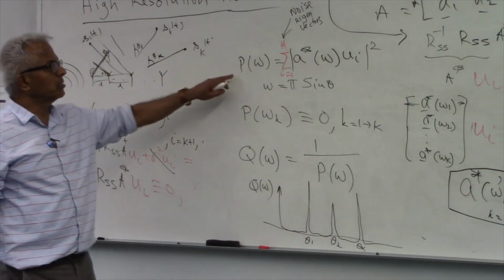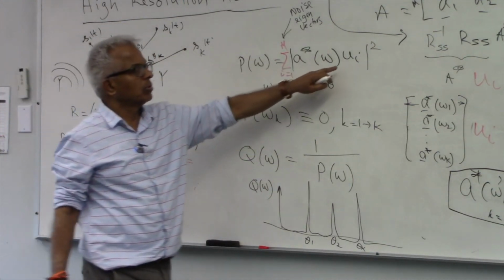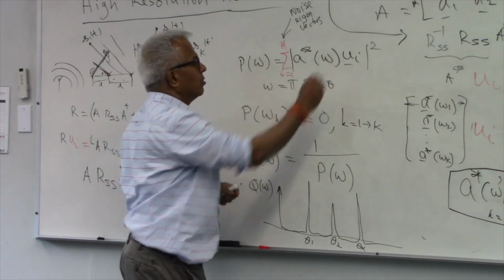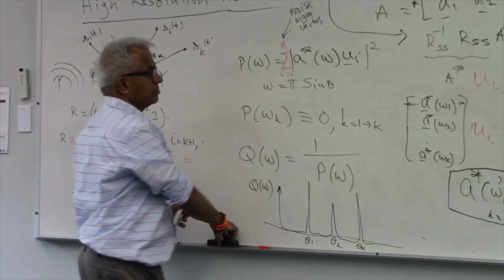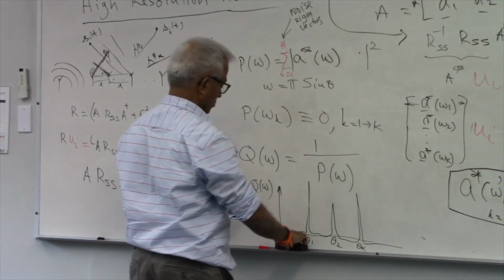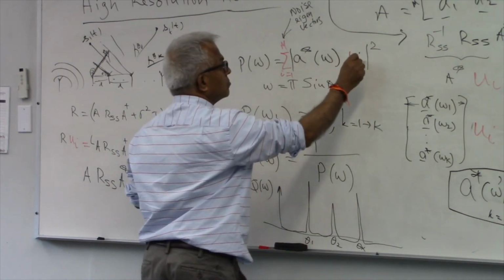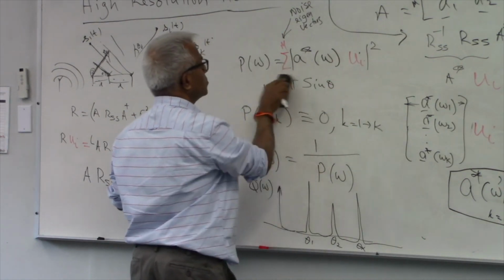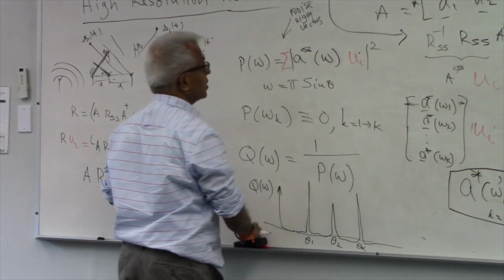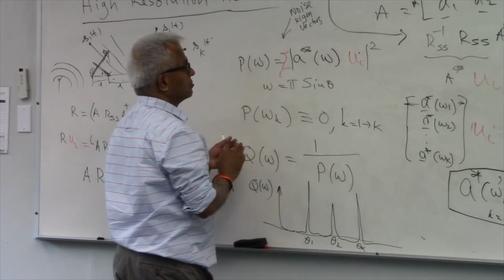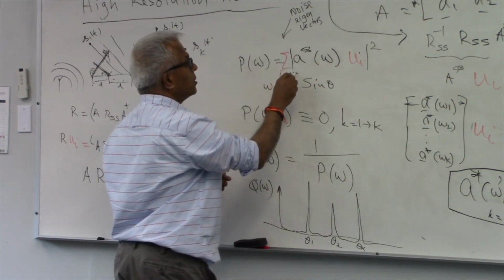So the p is either corresponding to one eigenvector or including all the noise eigenvectors. Index of summation, very good point. Index of summation should be k plus 1 through m.